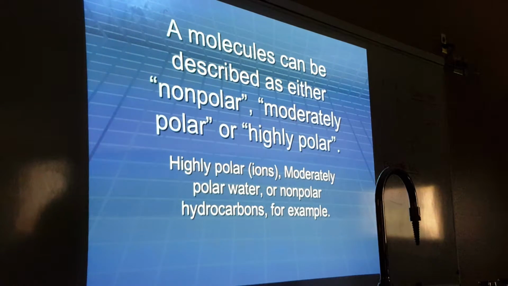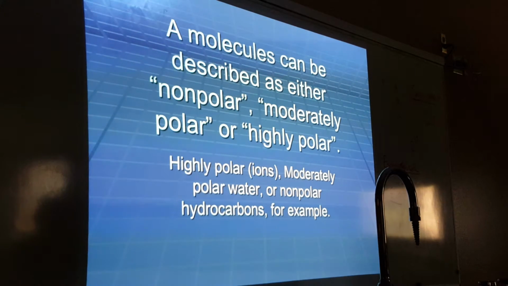So, a molecule can be described as highly polar, moderately polar, or nonpolar, depending on the amount of charge character it has. Okay? And ions are highly polar. They're the classical example of highly polar substances. Water is the classical example of moderately polar. Alcohol, anything that's got an OH or an NH bond in it.